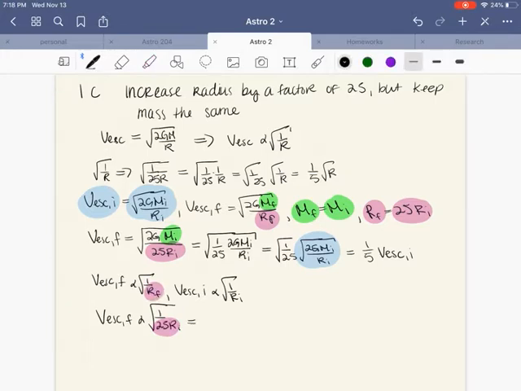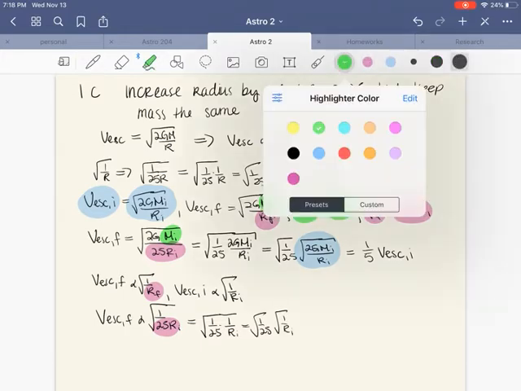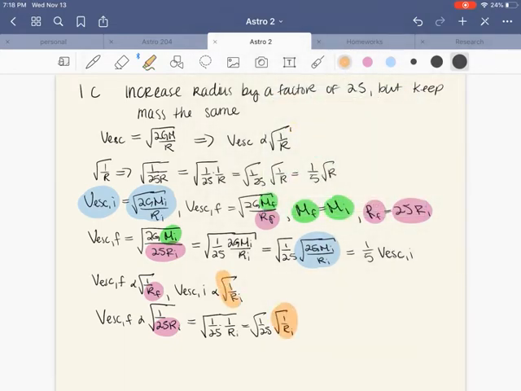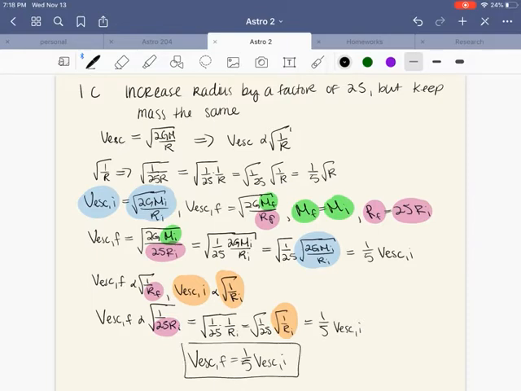I'm going to pull out this 1 over 25 because dividing by 25 is the same as multiplying by 1 over 25. This here is the same as my initial, so I get 1/5. So again, the same thing. A couple different ways to do it, and I get the same answer no matter which way.